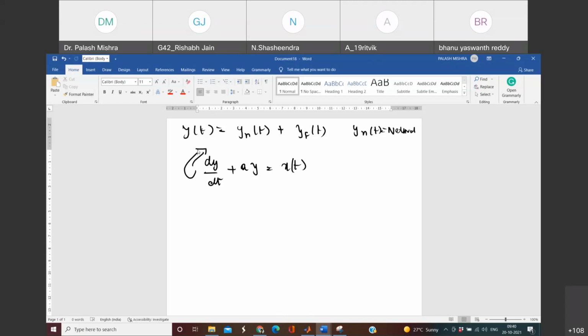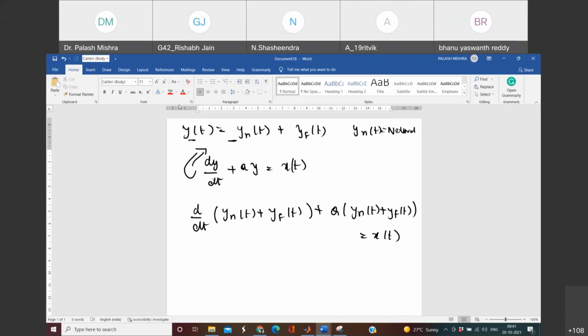So if this is the solution, then it must satisfy this differential equation. So I am writing d by dt of ynt plus yft, plus a times ynt plus yft, is equal to x(t). I have just inserted the solution in this equation.